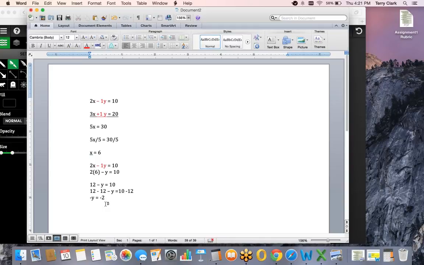Okay, and so then the last step is going to be to multiply both sides by -1. So we'll say -1 on both sides, and that's because we're not looking for a negative y, we're looking for a positive y. And then on the other side we're going to go -1.